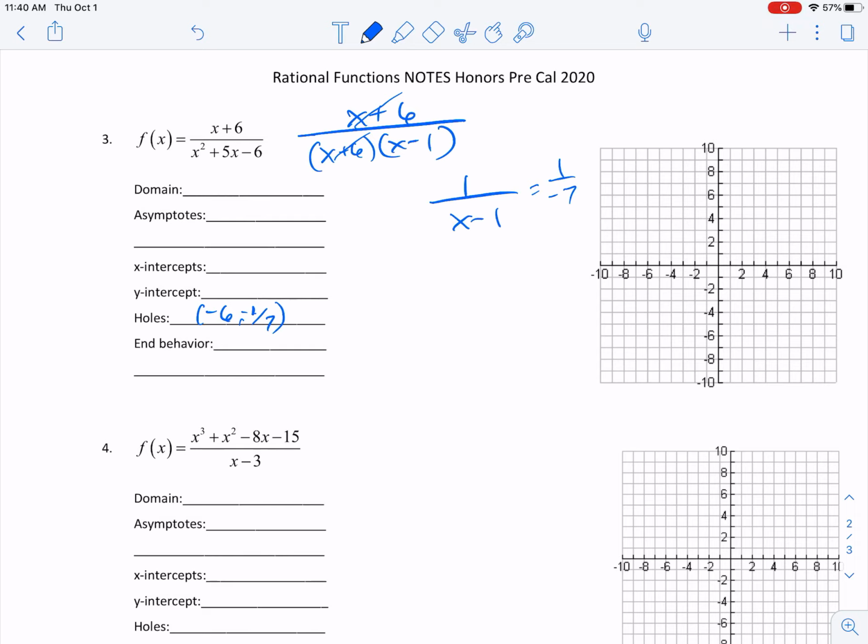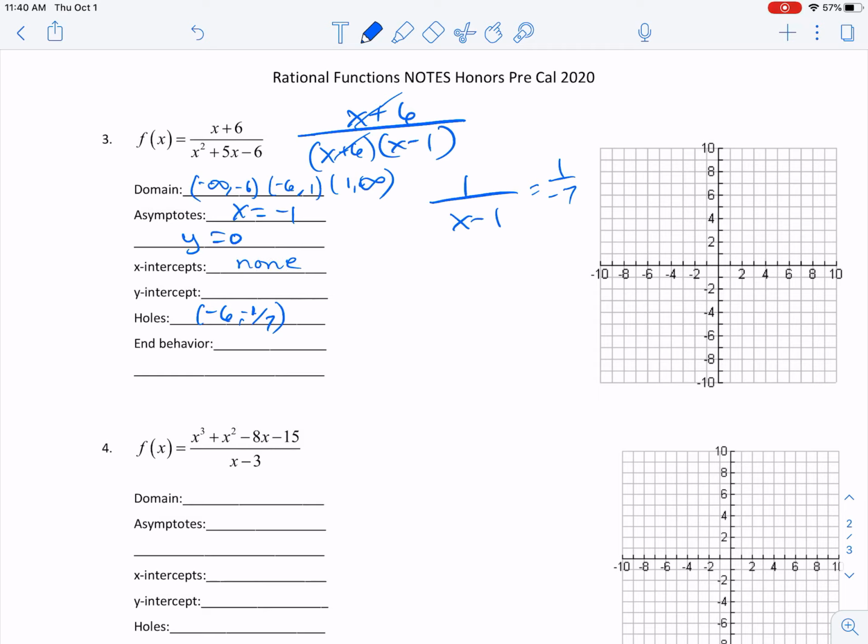All right, so my domain has to go from negative infinity to negative 6, negative 6 to 1, and 1 to infinity. Asymptotes: x equals negative 1, y equals 0. For x-intercepts, you let y equal 0, so there are none of those.